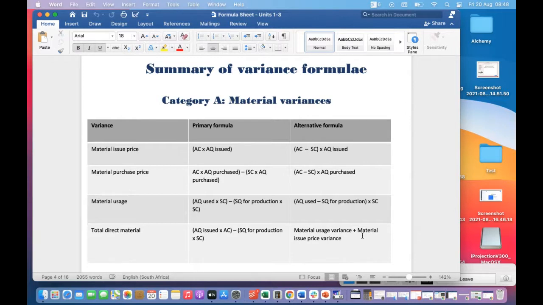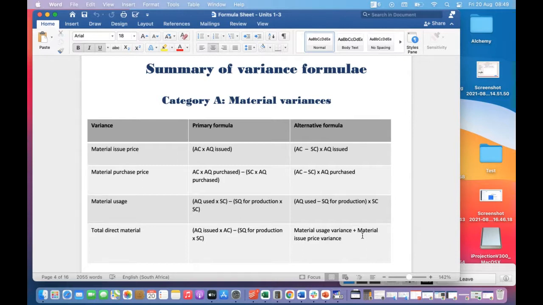So we've budgeted, right, that we're going to spend 3 Rand on every material that we purchase. However, when we go there, we might realize that the actual cost we spent was 3 Rand 25.